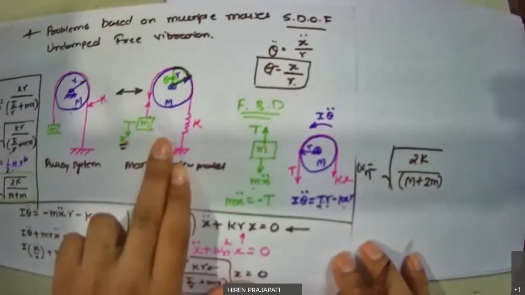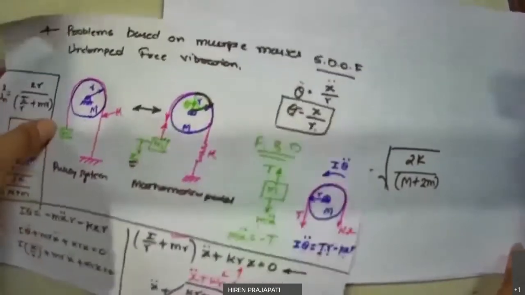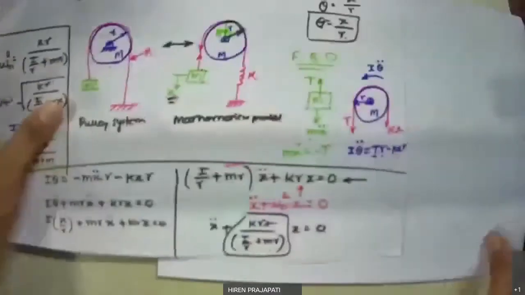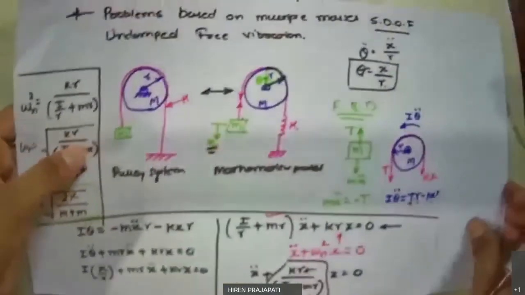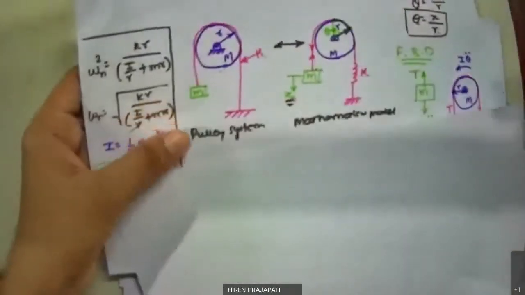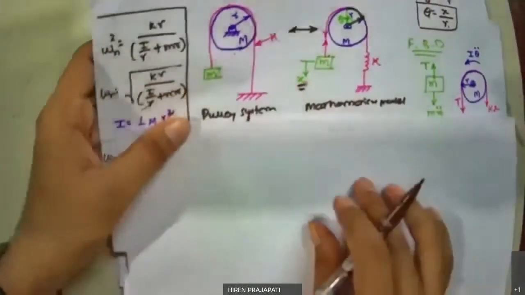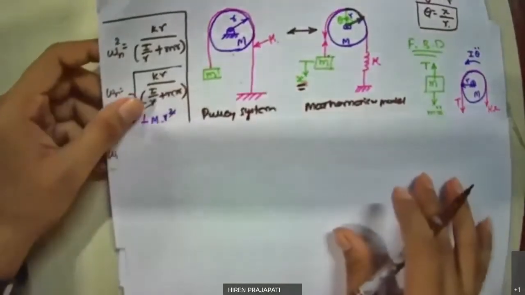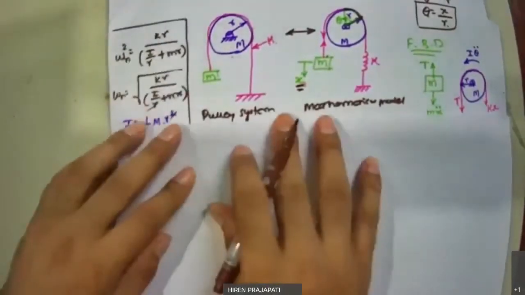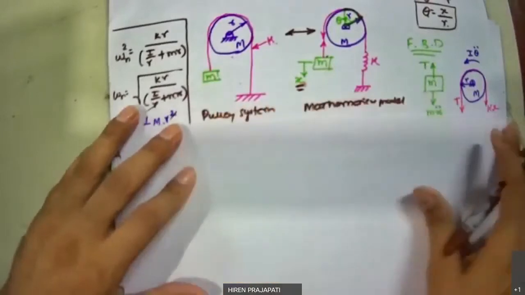right? Okay. Now let us do the same by the energy approach. So we are doing the same using the energy approach now. So now you will see how easy it is to solve this type of problem using the energy approach. So we are taking the same system here. This is our system.